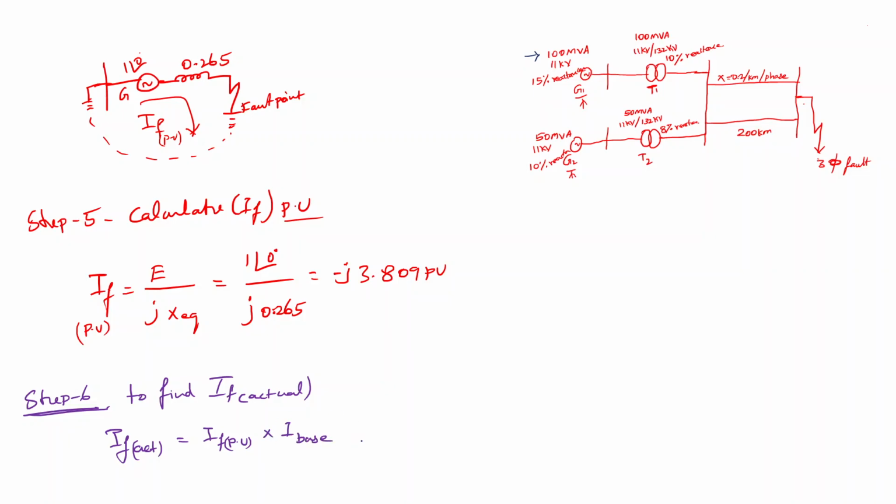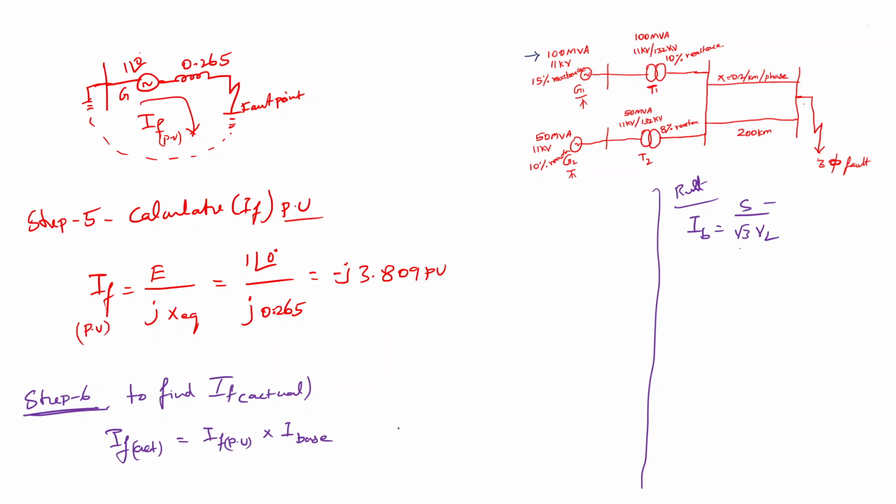So how to find out I base? I'll take this as the calculation part. We know that this I base can be calculated from the power value, that is S divided by root 3 into VL. Here S, the power maximum base, we are taking as 100, root 3 is constant, and VL is the high voltage side, right?